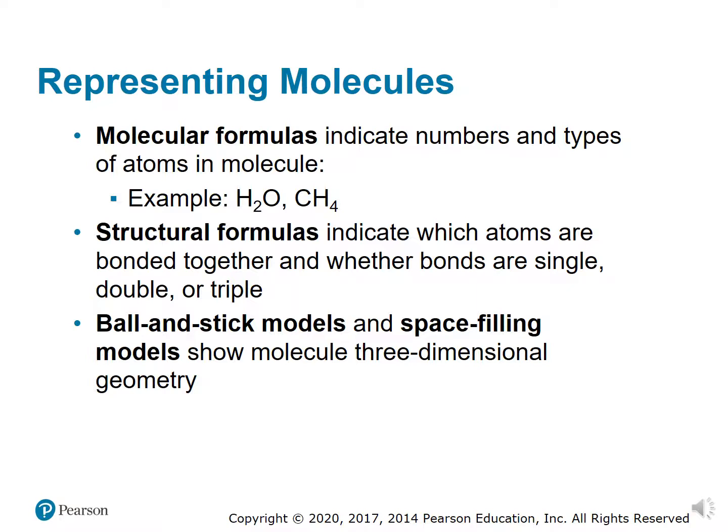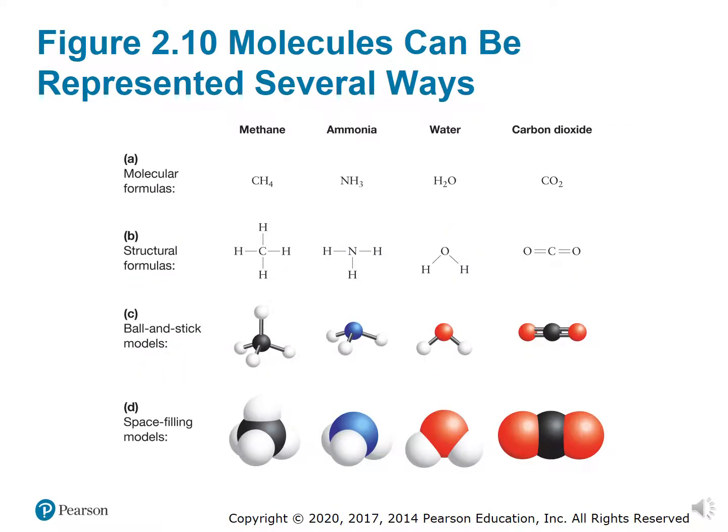We can also indicate the relationship between atoms in structural formulas or in ball and stick models or space filling models. I love figure 2.10, and it shows you how we can represent molecules in different ways, as a molecular formula, a structural formula, ball and stick models, or space filling models.